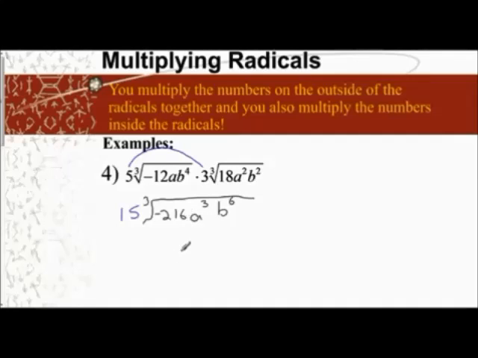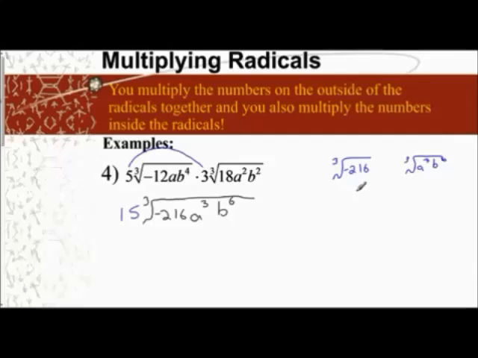And so what do we do? We apply the idea that we can break our root apart across the coefficient, so cube root of negative 216, and I have cube root of a cubed b to the 6th. So the cube root of negative 216, I need to figure out what I can take out.